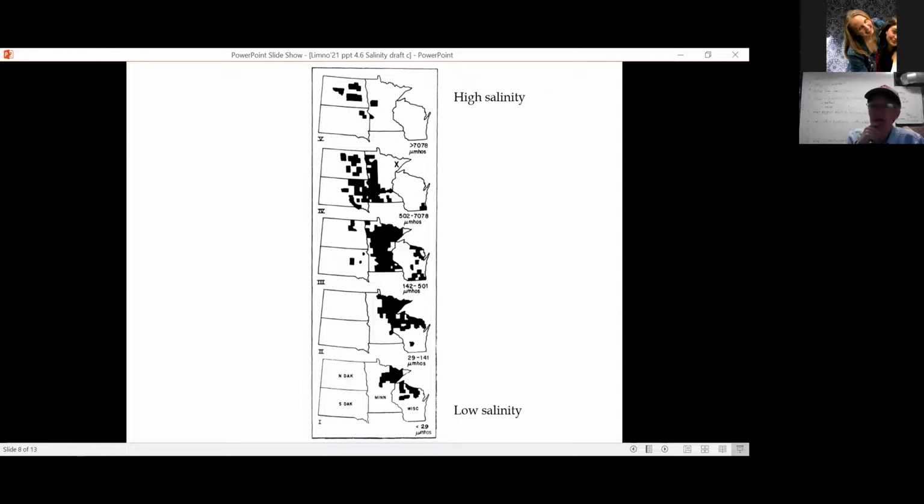If you were to measure salinity with a conductivity meter, the better it conducts electricity, the higher the salinity. The unit of conductivity is the mho, M-H-O, which is, should I write that out for you? The unit of conductivity is the mho, or typically the millimho. And that is ohm backwards. Get it?